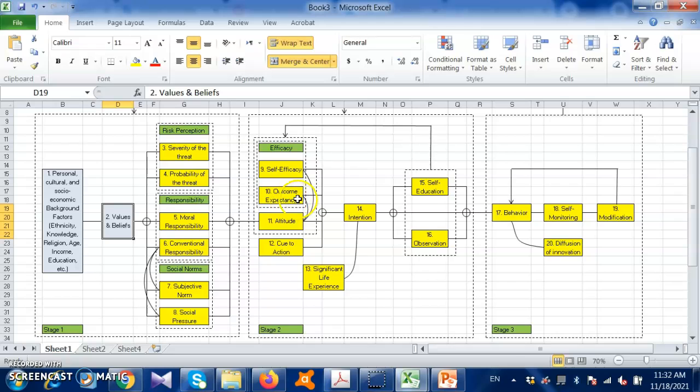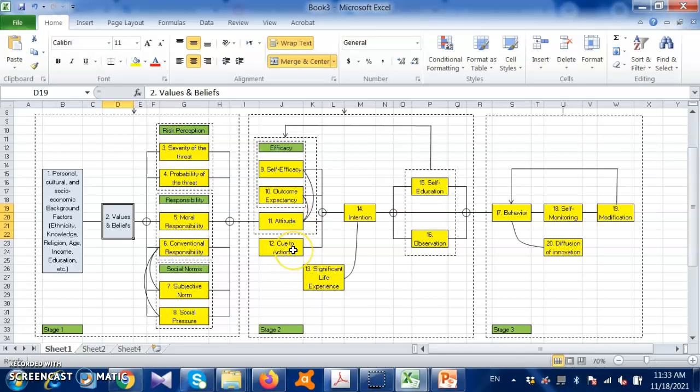Outcome expectancy is basically plan efficacy: do I really believe that, for example, preparing an emergency kit would be a wise or good thing? Would it be effective to prevent hurricane damage, for example?